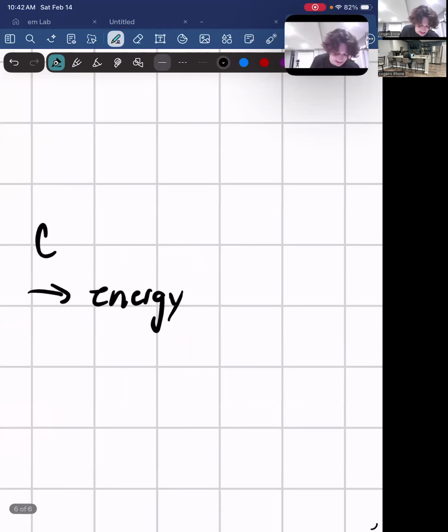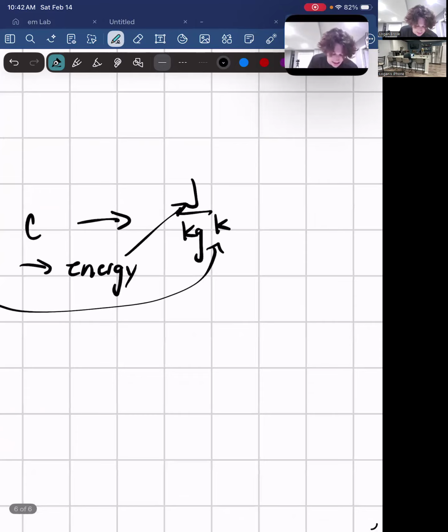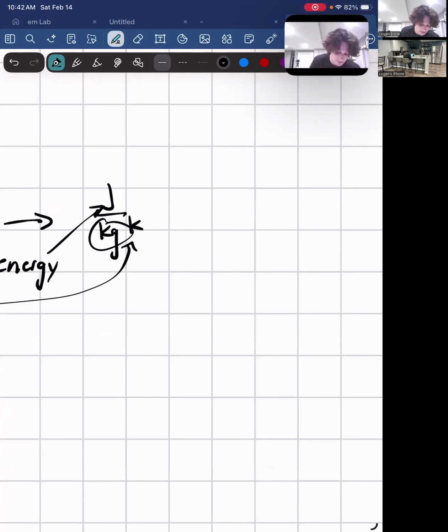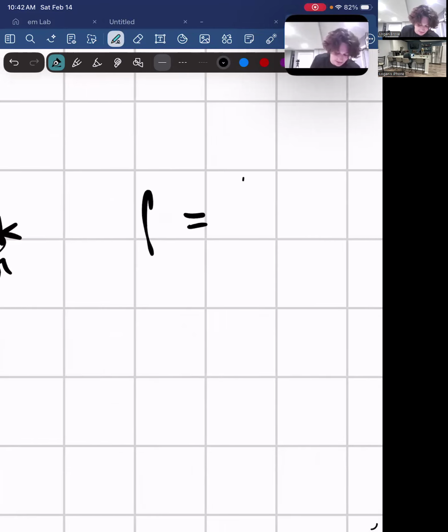Heat capacity has the units of joules per kilogram Kelvin. So that gets us to our energy term with our temperature. But now we have this kilogram term. So now, in order to remove that, we multiply by our density, which is the units of kilograms per meter cubed.